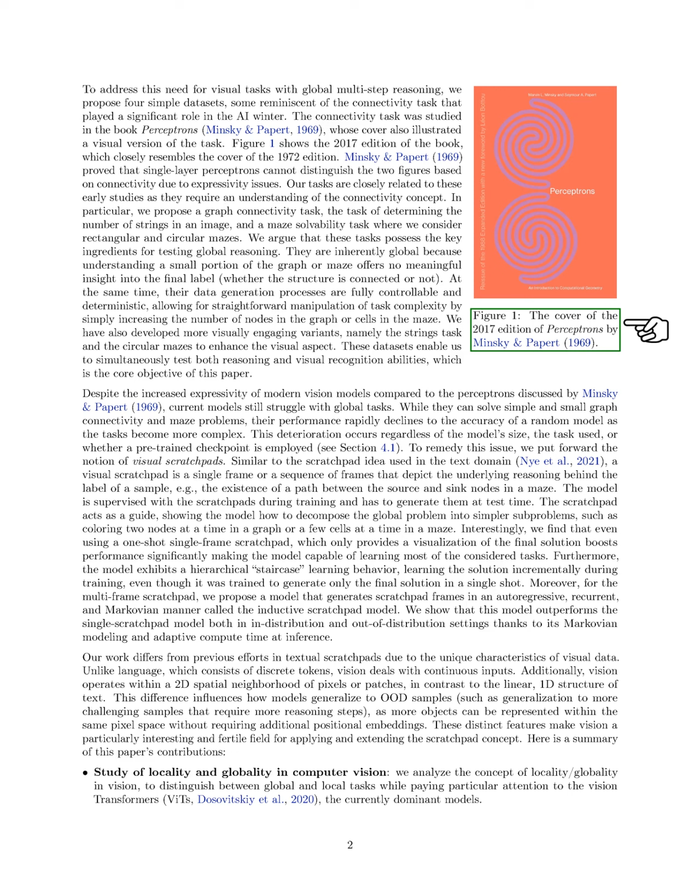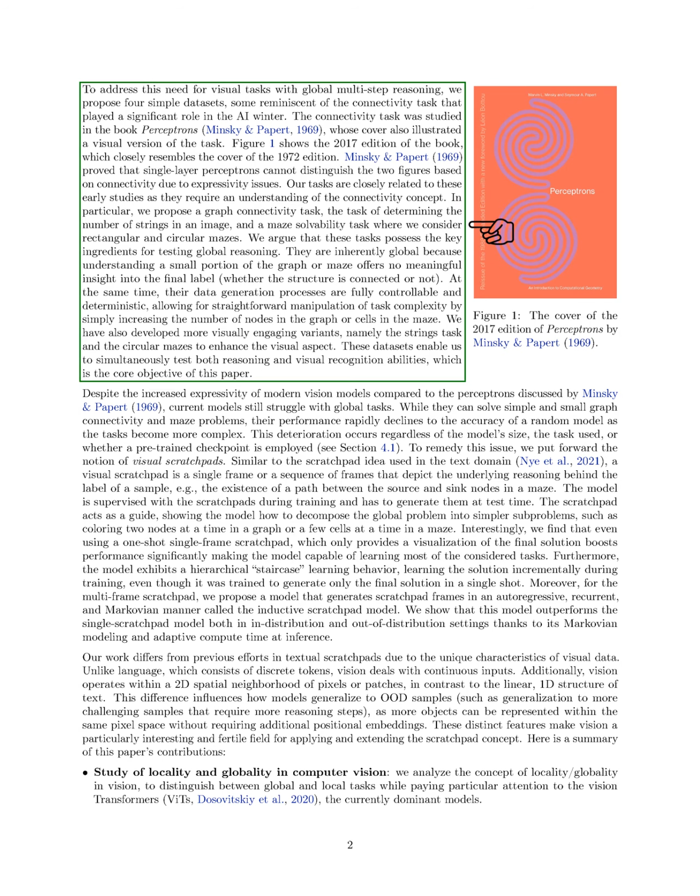To fulfill the need for visual tasks that require global multi-step reasoning, we propose 4 simple datasets, inspired by the connectivity task from the AI Winter. This task, discussed in the book Perceptrons, demonstrated that single-layer perceptrons cannot distinguish figures based on connectivity due to their limitations. Our proposed tasks, including a graph connectivity task and a maze solvability task, require an understanding of connectivity.